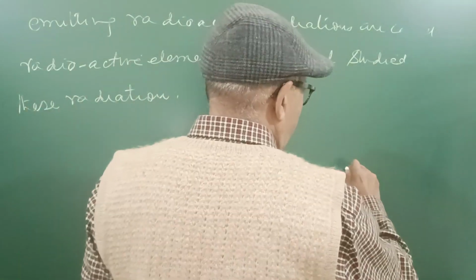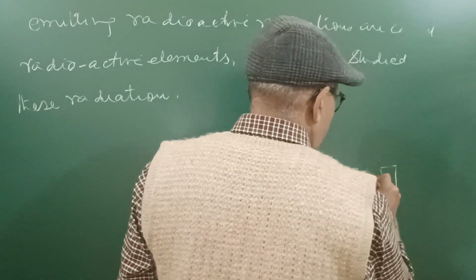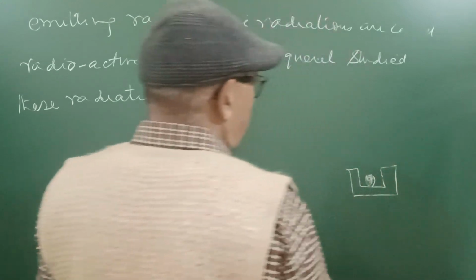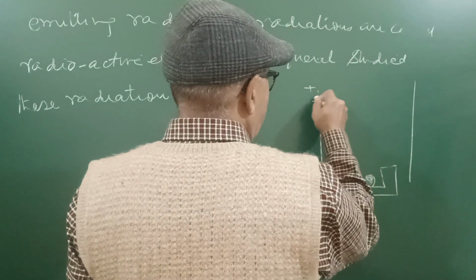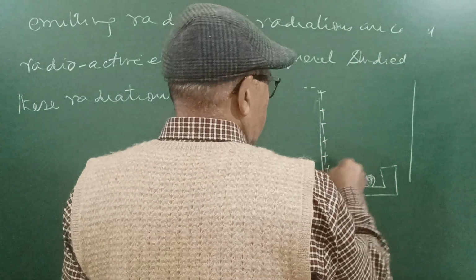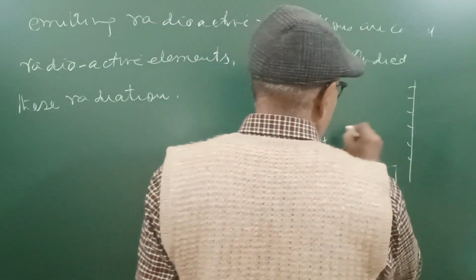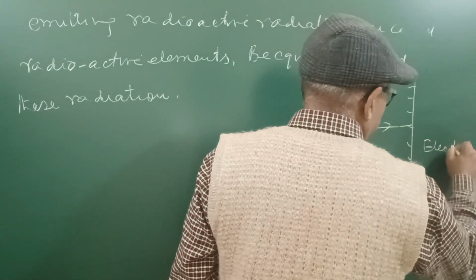Now I draw a diagram. Suppose here is a container in which some radioactive lump is placed. Now he used a positive plate of metal and a negative plate, producing an electric field this way.